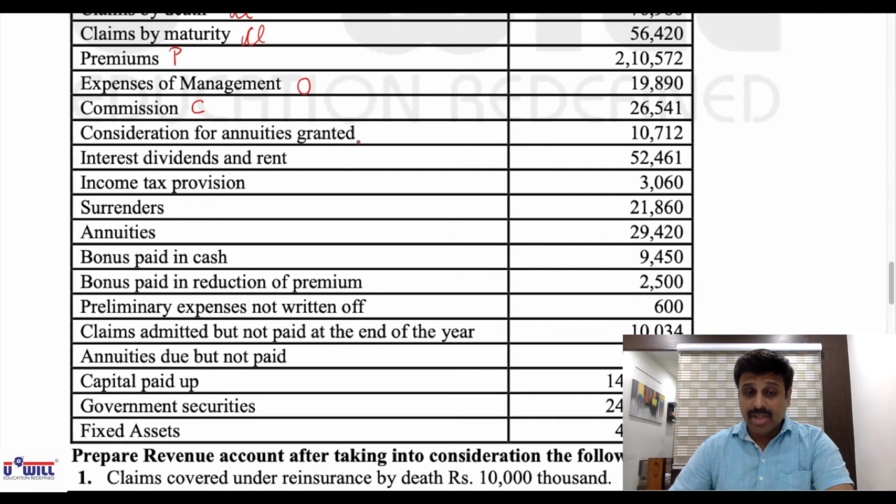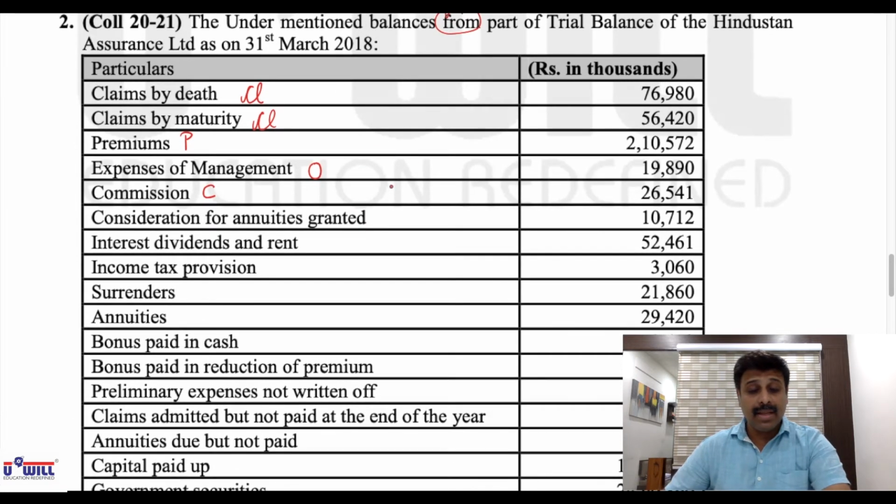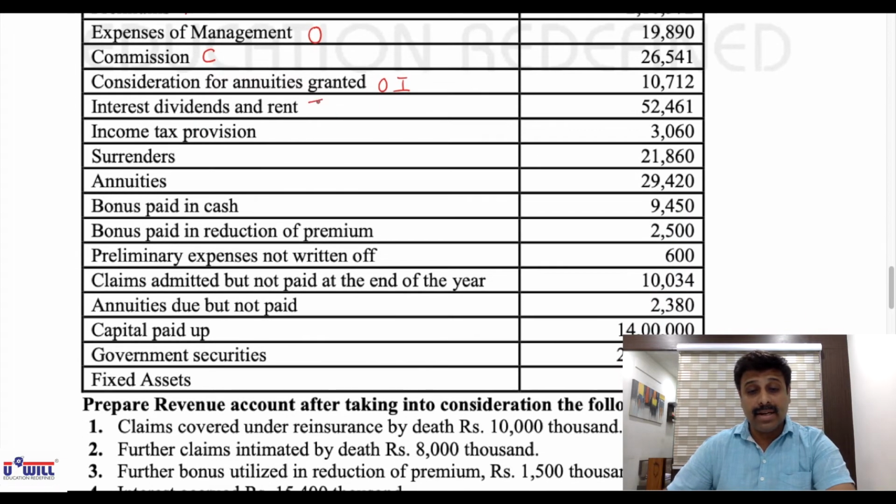Now consideration for annuities granted, I have made you write it in the summary in the first lecture, that consideration for annuities granted is an income and will be shown with other incomes. Okay, in the first part it will be shown with other incomes. Interest, dividend and rent, interest income, investment income, rather income from investment. Income tax provisions, PROV, provisions.